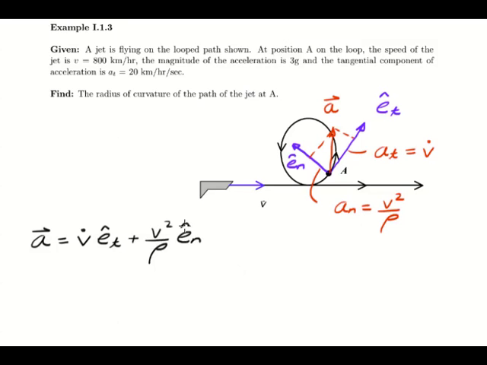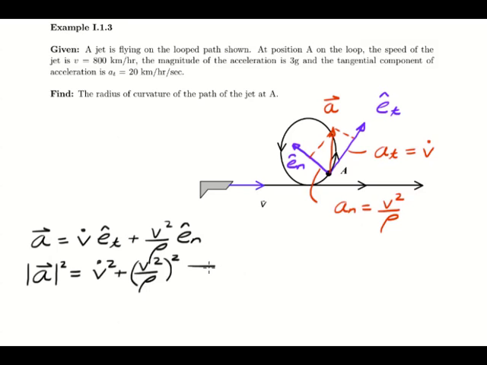Now again, we don't know too much about the path, so we don't know the orientation of e_t and e_n. But what we can do is take advantage of what we do know, and that's the magnitude of A. So if I take the magnitude squared of both sides of this equation, I get v dot squared plus v squared over rho, quantity squared, like this.